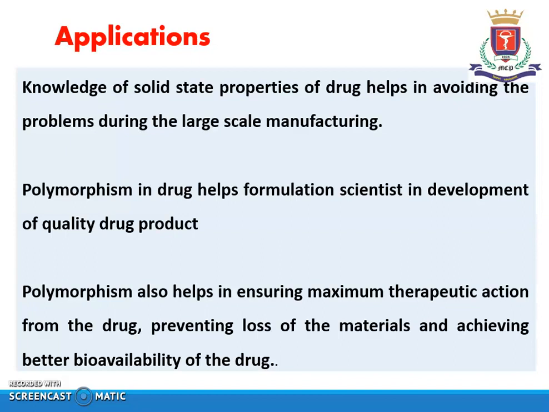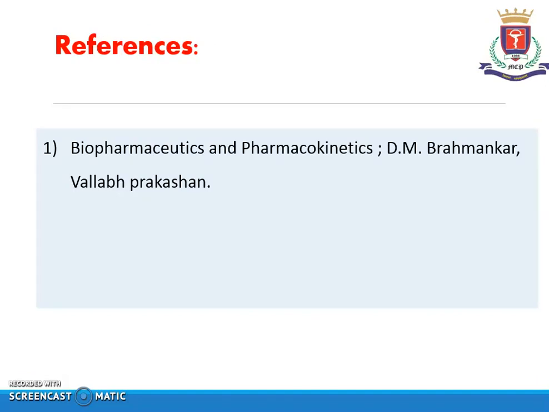Polymorphism helps formulation scientists in developing a better quality drug product. Polymorphism also helps in ensuring maximum therapeutic action from the drug, preventing loss of material and achieving better bioavailability of the drug. Now you can refer to different examples of polymorphism in the textbook, Biopharmaceutics and Pharmacokinetics.